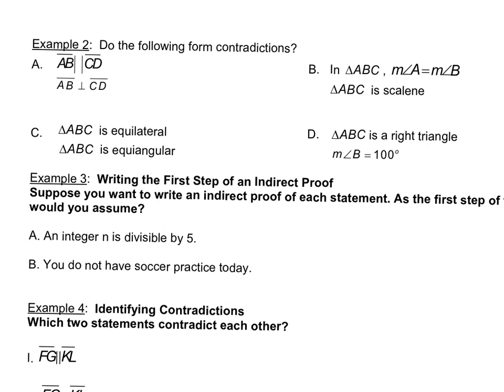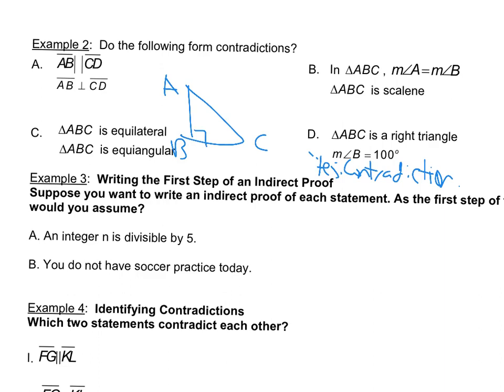Okay, what about D? Triangle ABC is a right triangle and the measure of angle B is 100 degrees. Yes, that is a contradiction. Let's draw a picture to show you. So here's triangle ABC with a right angle.